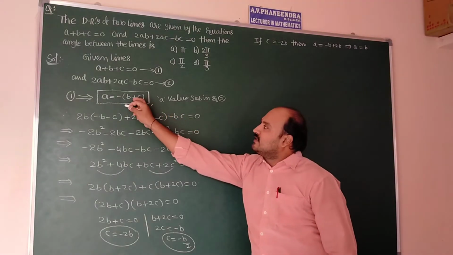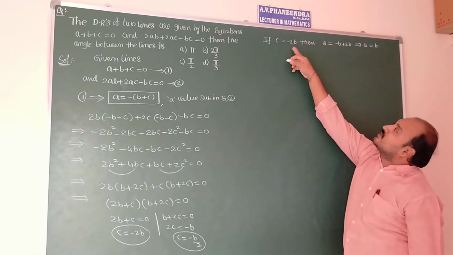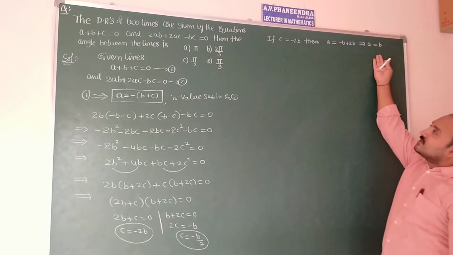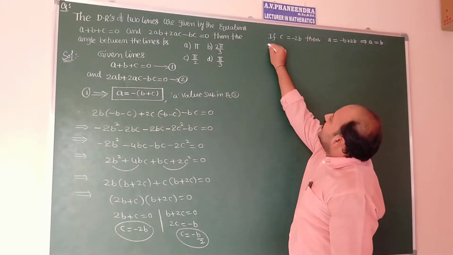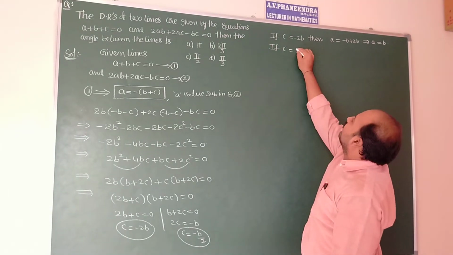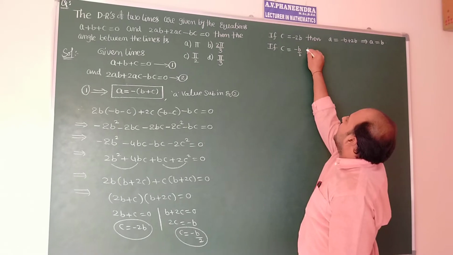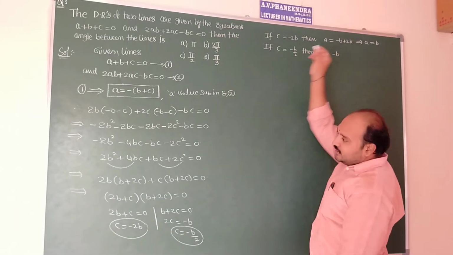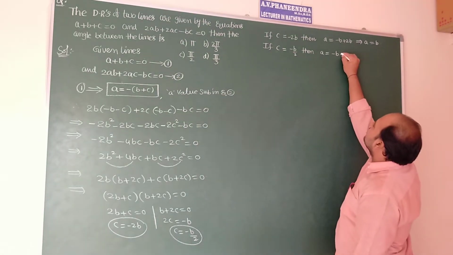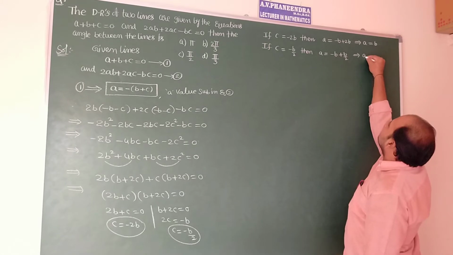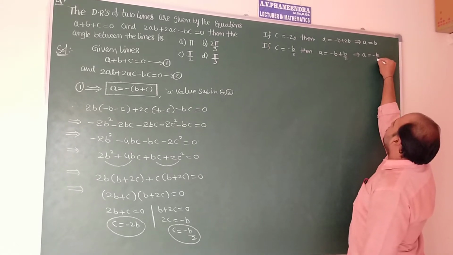This is the first c value, this is the first a value. Next, if c is equal to minus b by 2, then a equal to minus b minus c, which means minus b plus b by 2. So which implies that a is equal to minus b by 2.